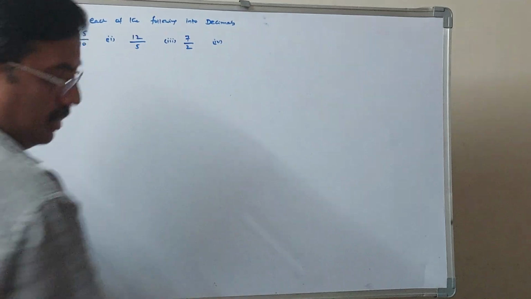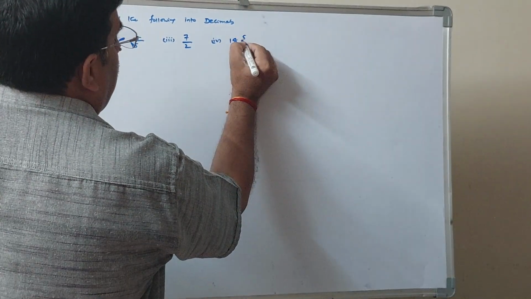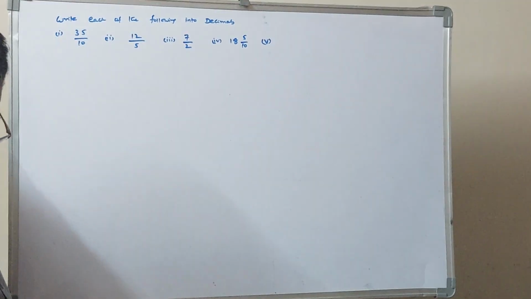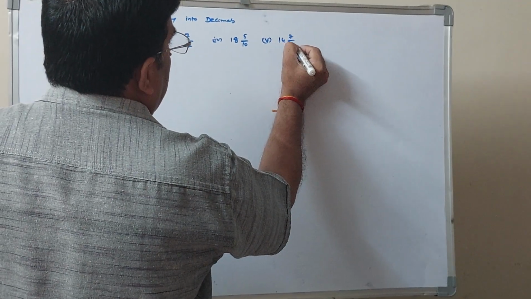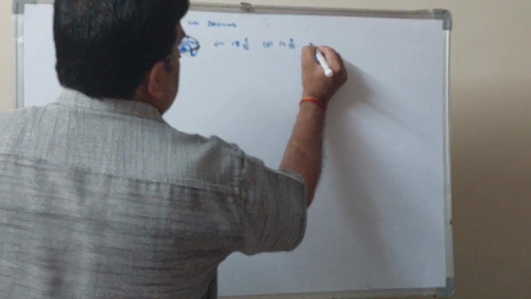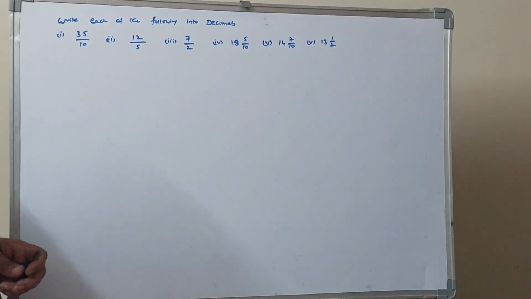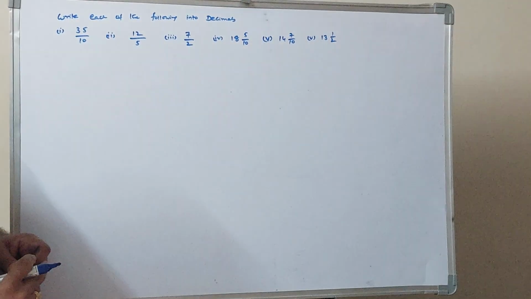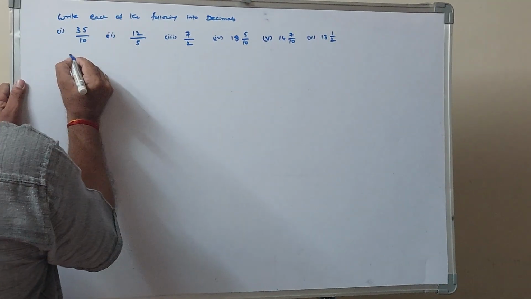Fourth one is 18 5/10. Fifth one is 14 7/10. Sixth one is 13 1/2. Okay.